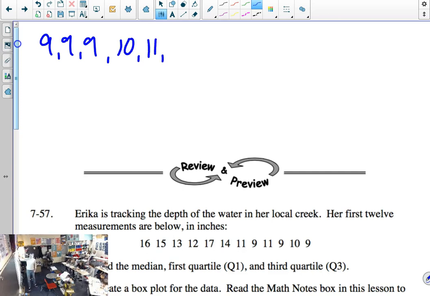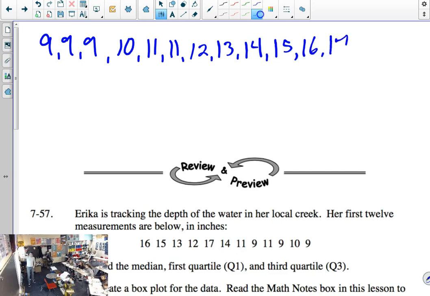So you should be writing this data out with us probably, unless you feel like doing this problem on your own. 12, I think. 13. I mean, we can play bingo if you guys want. 14. 15. 16. 17. And that's it.